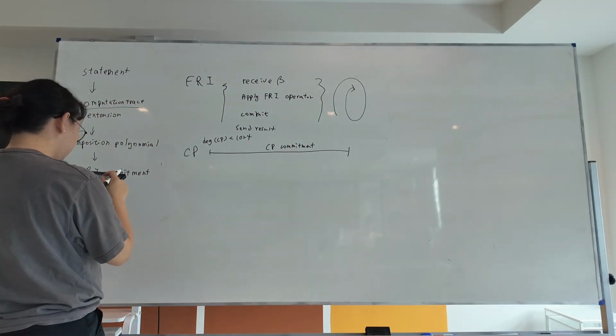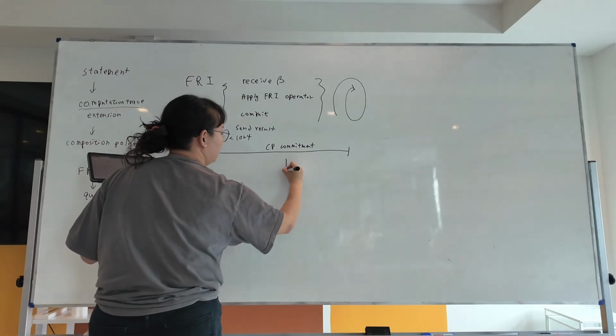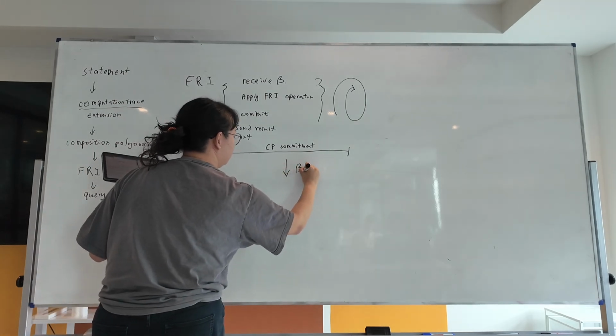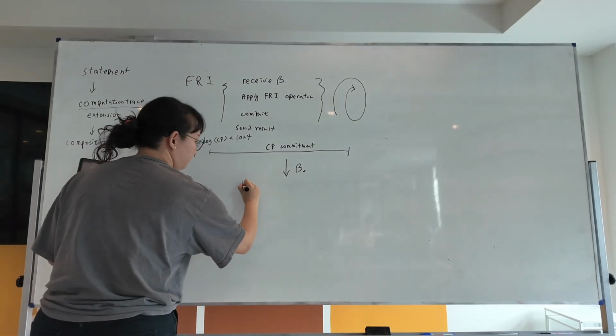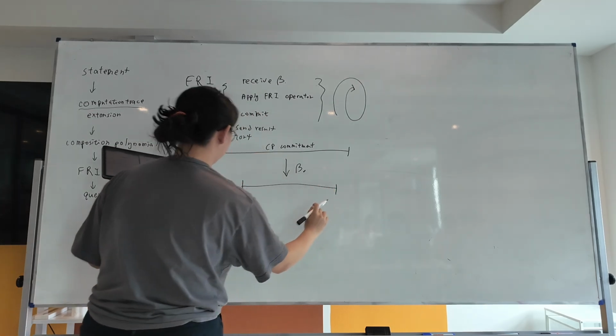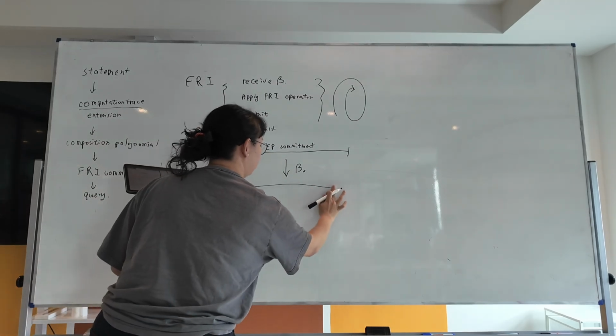So here we get a random number beta, and then we reduce the size to half, maybe a little bit shorter.